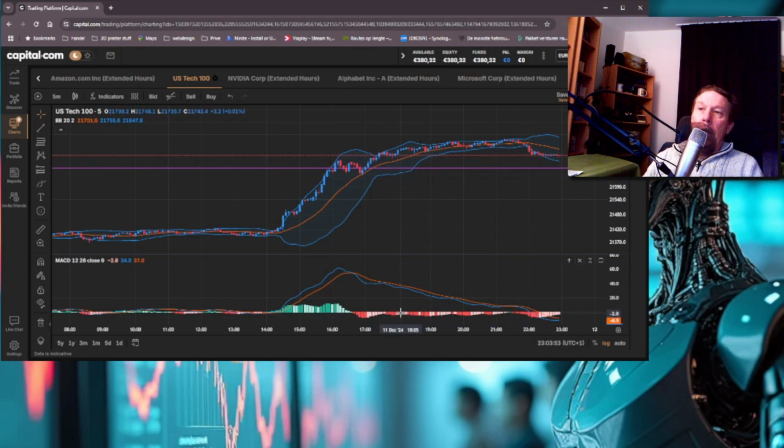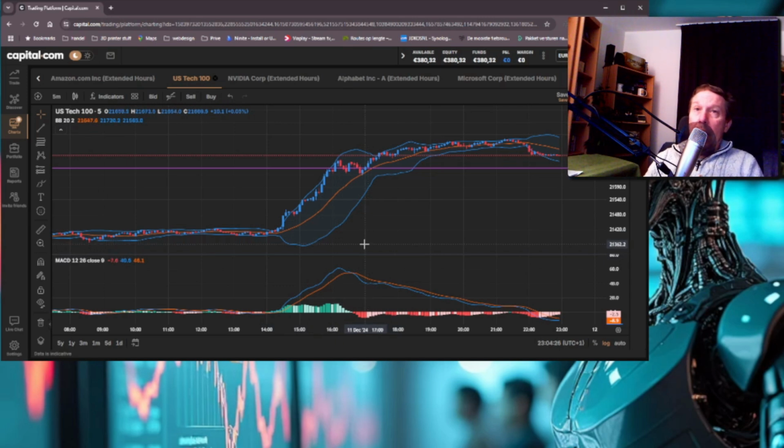This is 6 p.m., and from 6 p.m. until now it mainly moved sideways, and there was not enough action going on to do anything. Before that, I was still working on the code, making it work again and checking if it did what it should do, but it didn't. So a missed opportunity today, maybe, but there will be more.